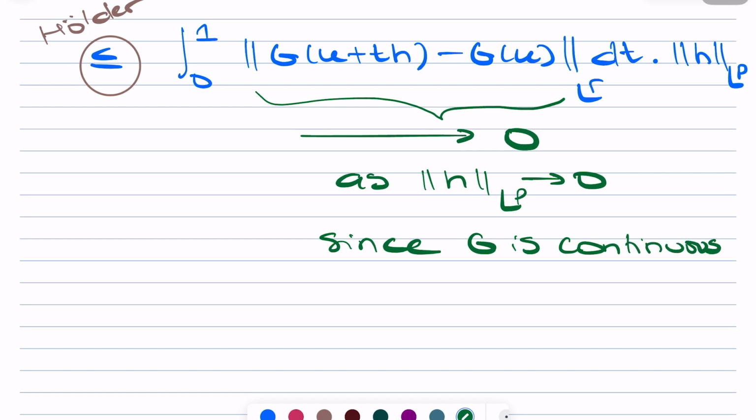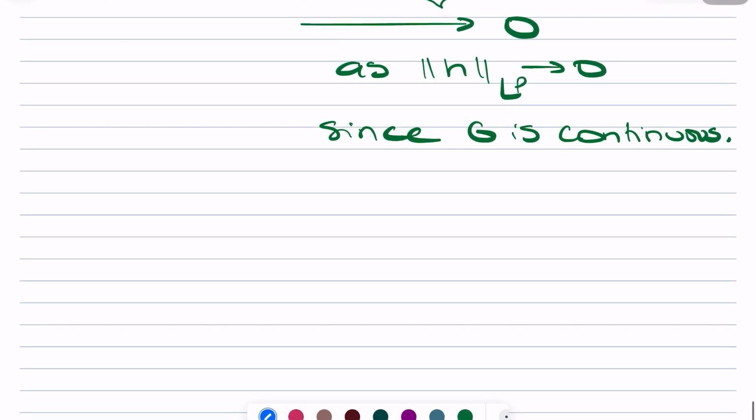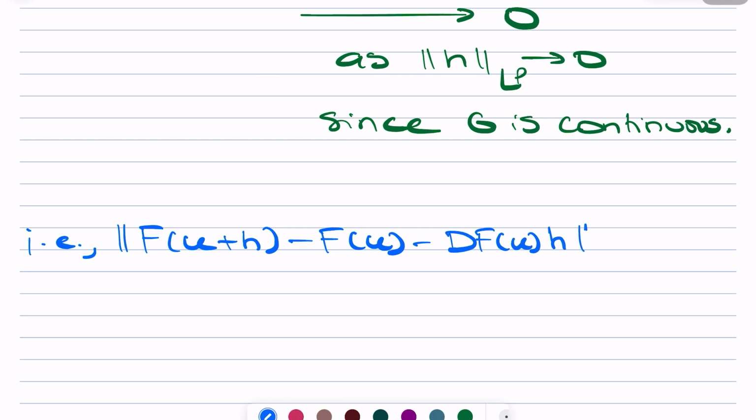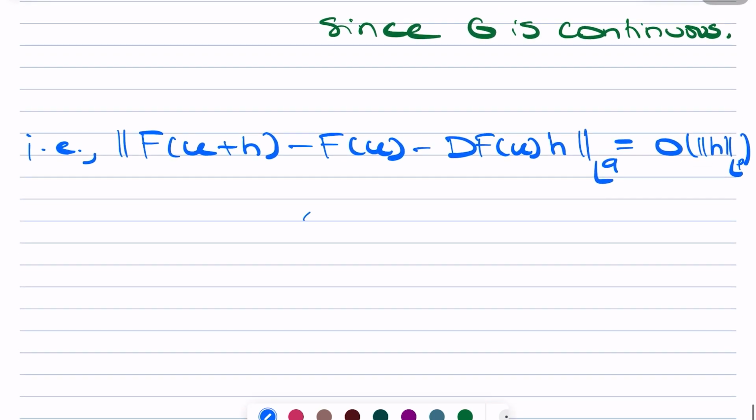Because of that, we have that the norm of f of u plus h minus f of u minus df of u applied to h, in LQ, is equal to little o of the norm of h in LP, for the norm of h in LP of omega going to 0.